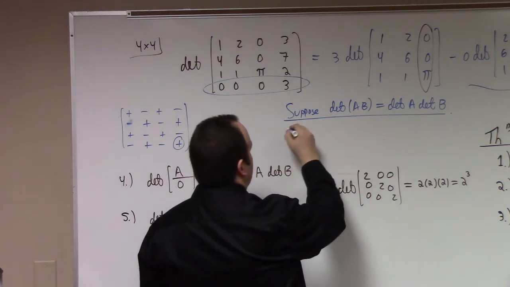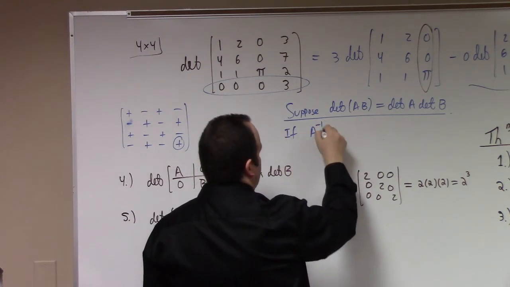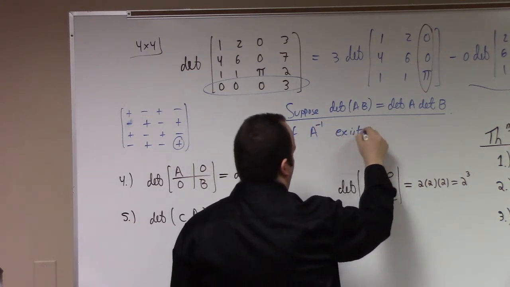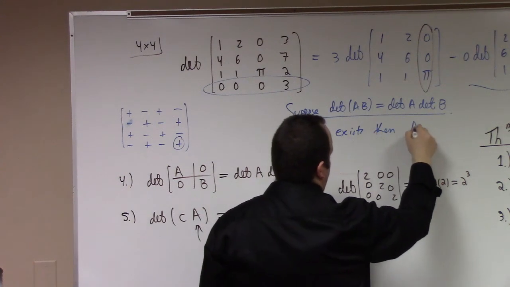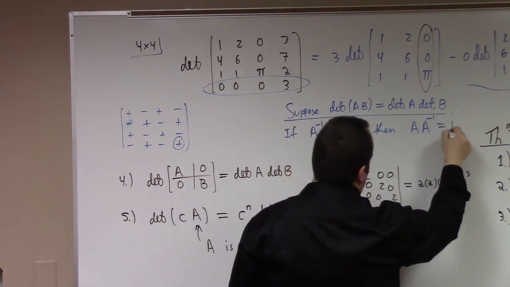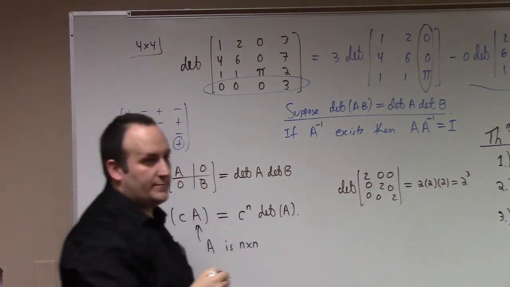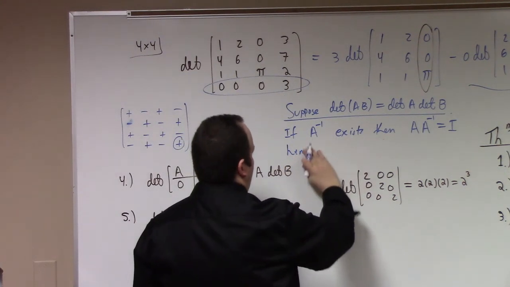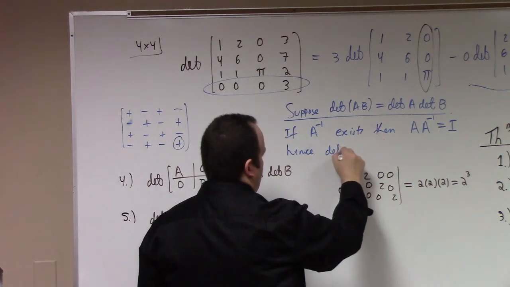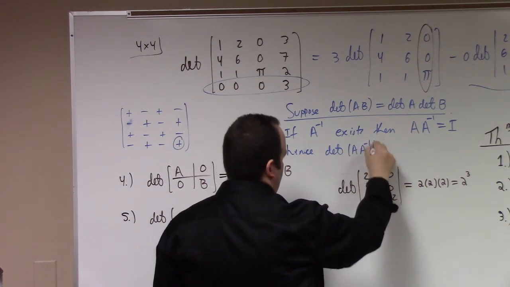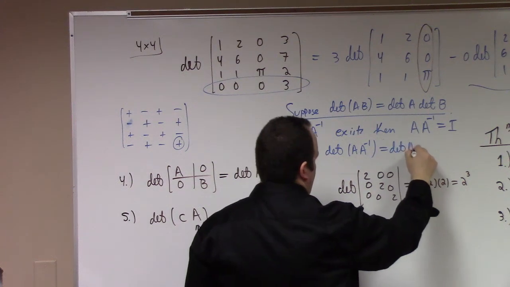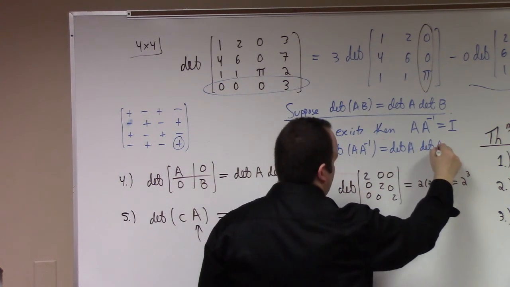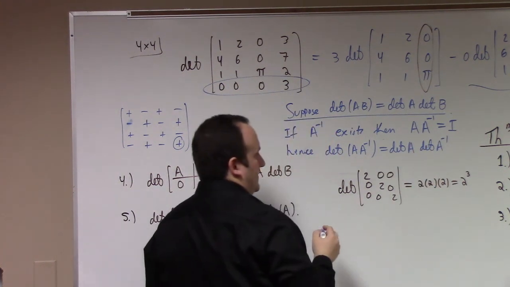If A inverse exists, then what? We know that A times A inverse is equal to I, right? Hence what? The determinant of A times A inverse is the determinant of A times the determinant of A inverse, right? And that's equal to what?